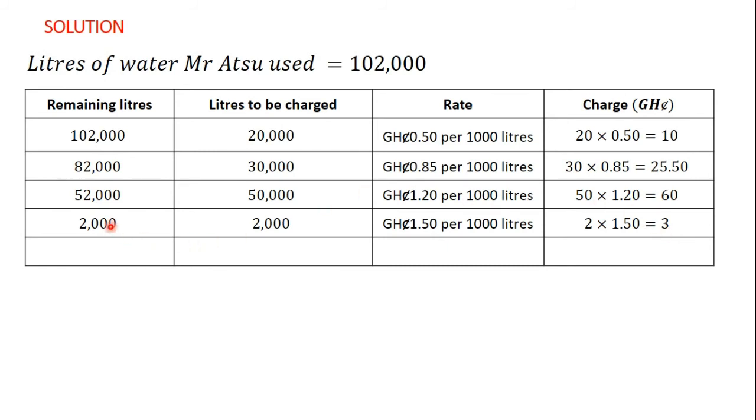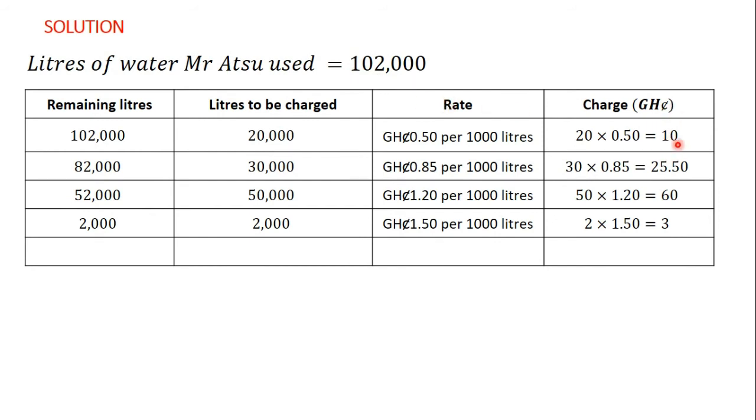If you subtract 2,000 liters from 2,000 liters, you have 0. So we have exhausted all the liters of water used by Mr. Achu. This means that if we add what we have under the charge column together, we are going to get the amount of money Mr. Achu will pay for using 102,000 liters of water.